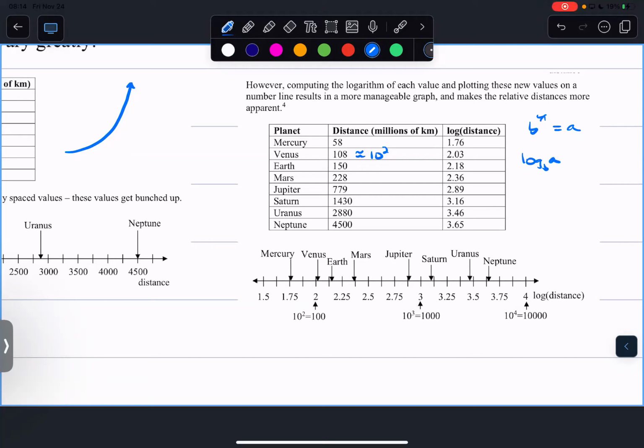Man, that's slow. I always have to do it from this back to here, but usually we want to start here and go here. So I need to work on my speed. So if I take the log base 10 of 108, that's going to be roughly 2.